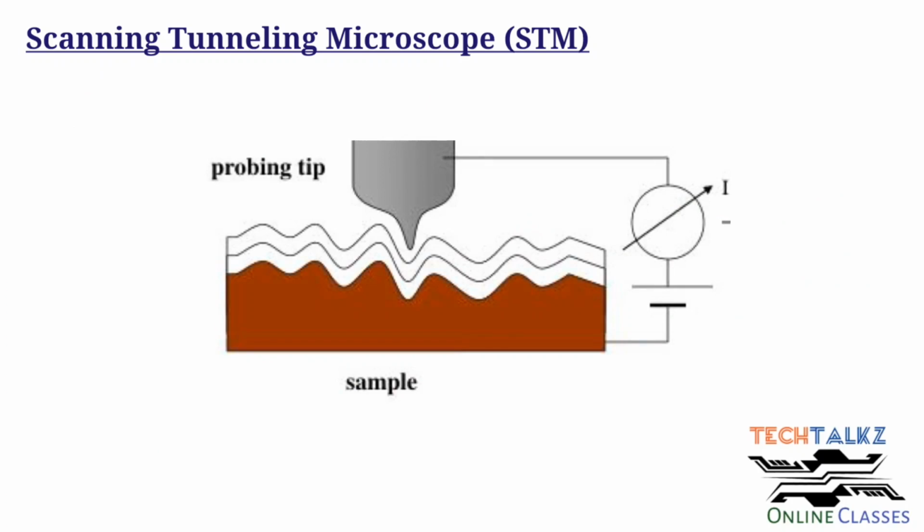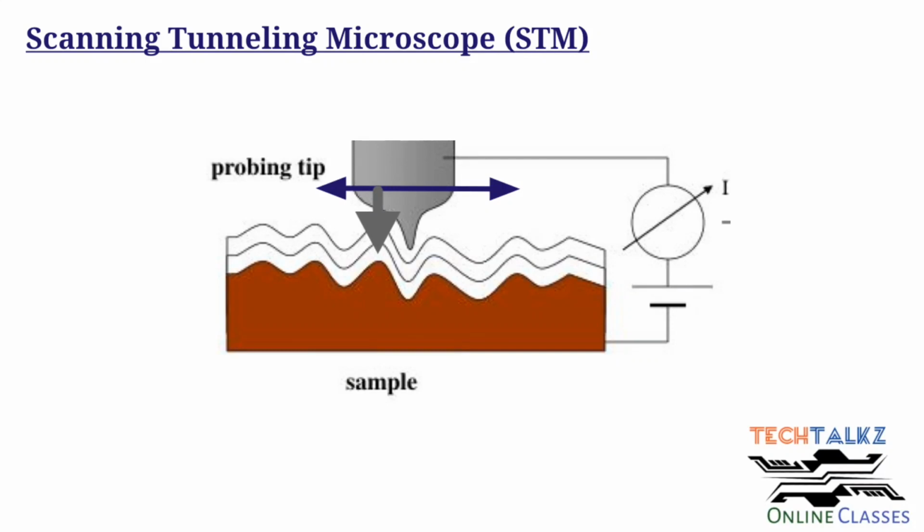Let us check an example. This is the surface of the sample. The surface is not smooth and there will be ups and downs. When you move the probe across the surface, the tunneling current is going to change. When the distance between the tip and the sample surface increases, the current decreases.